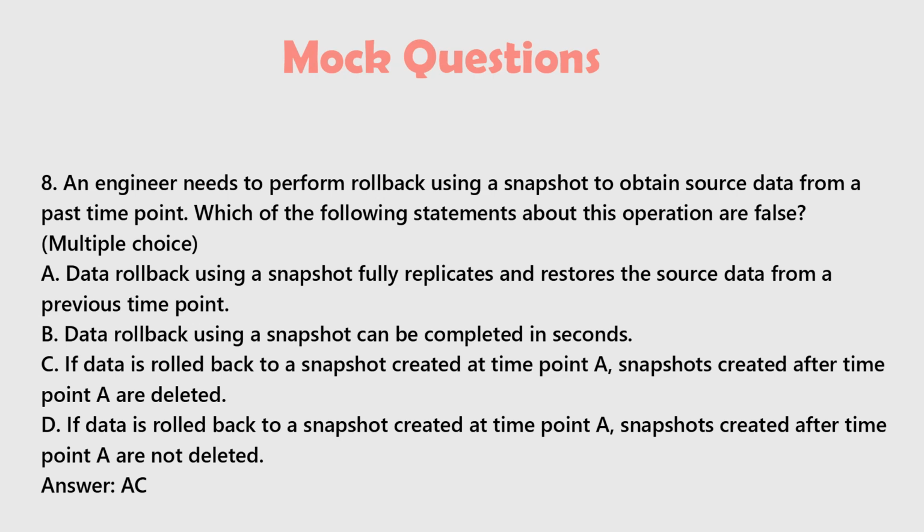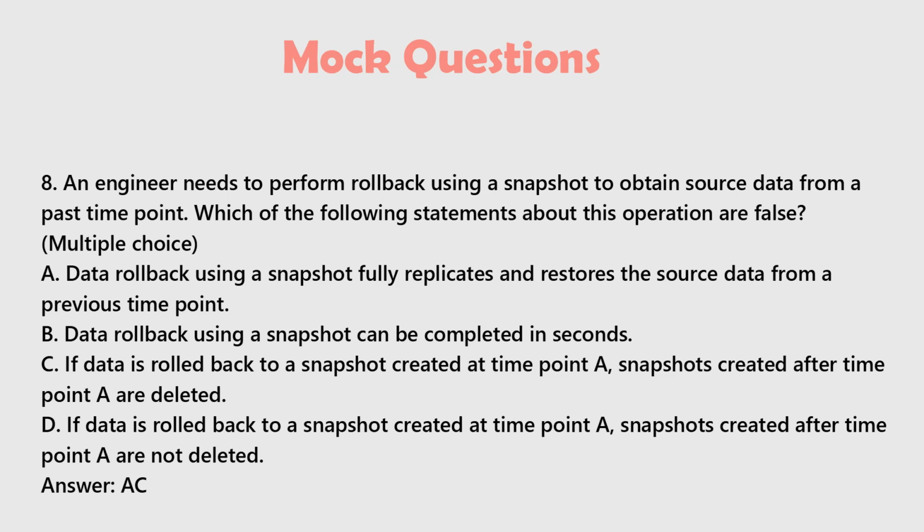8. An engineer needs to perform rollback using a snapshot to obtain source data from a past time point. Which of the following statements about this operation are false? Multiple choice. A. Data rollback using a snapshot fully replicates and restores the source data from a previous time point.